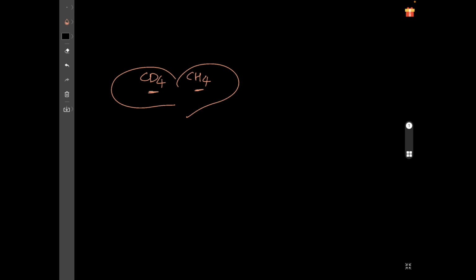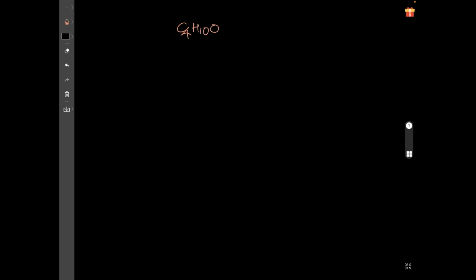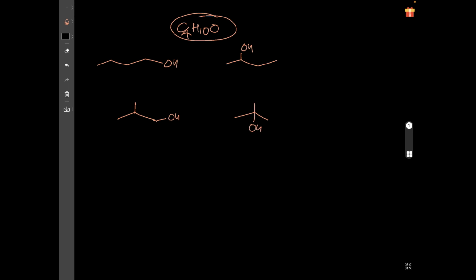Okay, so an important one is, if you take one example, C4H10O, we can take all these here. See, C4H10O, OH. If you take like this, these two you can call position isomers. These two you can call chain isomers.